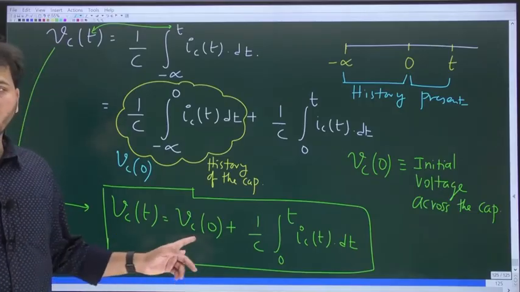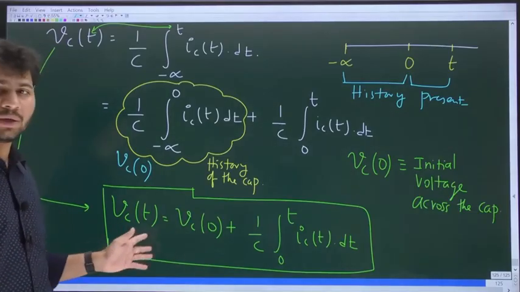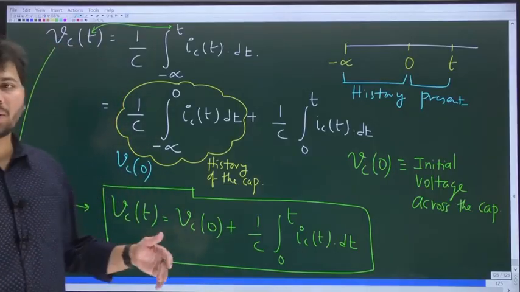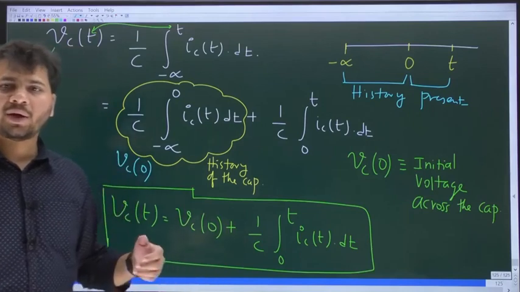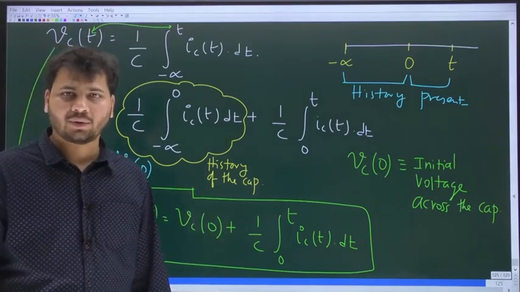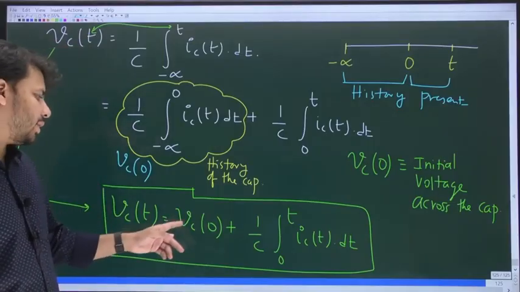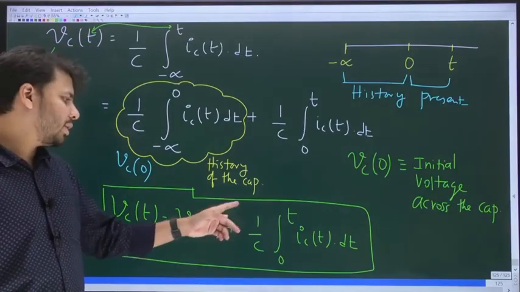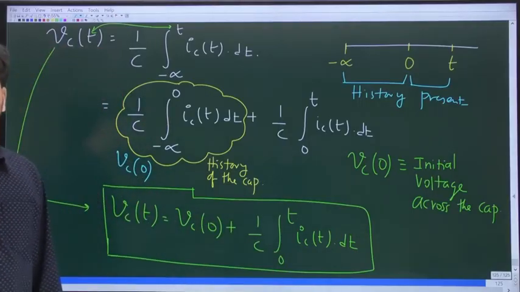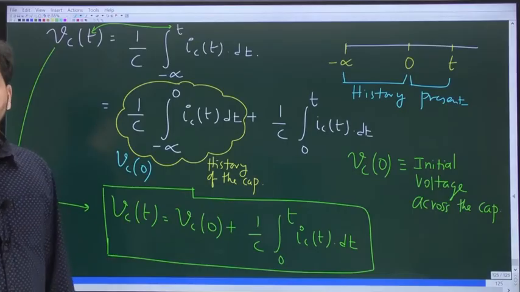Of course, we are assuming that the circuit starts at t equal to 0, and we are trying to find the voltage across the cap at any instant t greater than 0. So Vc of t is Vc of 0 plus 1 by c integral 0 to t Ic of t dt. I hope this is clear.